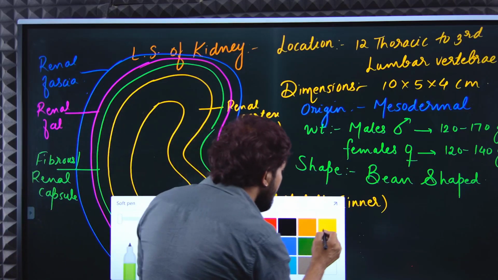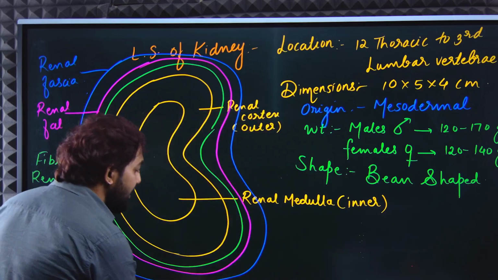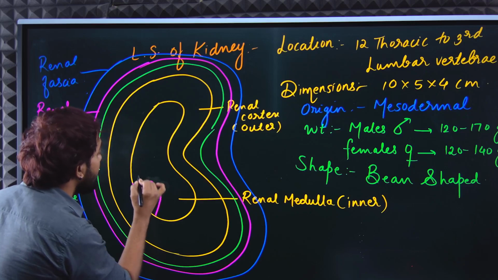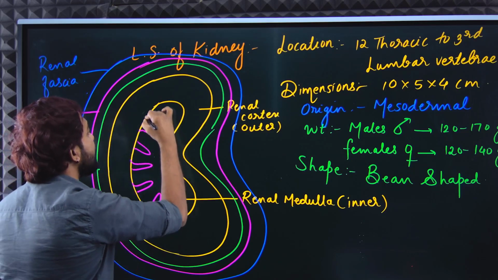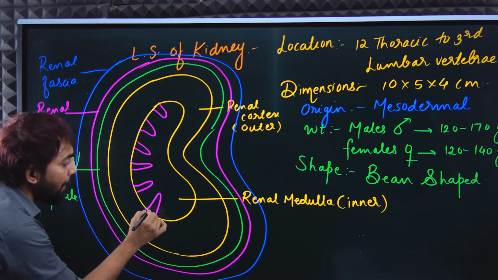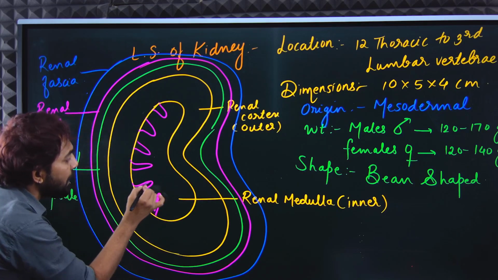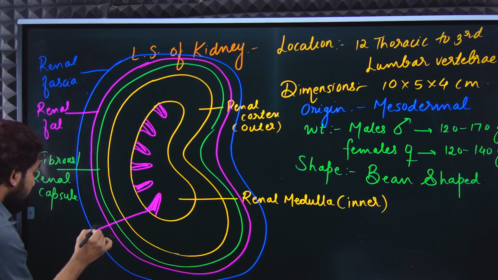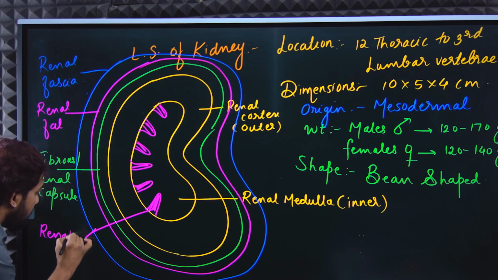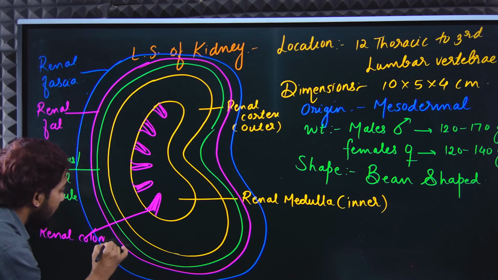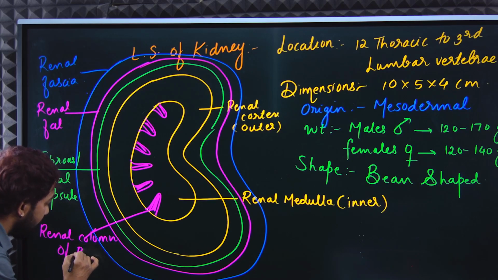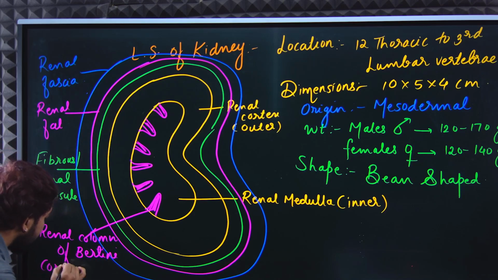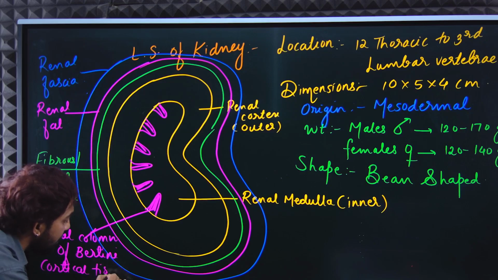Now what happens is, some part of the cortex enters into the medulla, and this part of cortex which enters into the medulla is called the renal column of Bertini. Or it is also called cortical tissue.